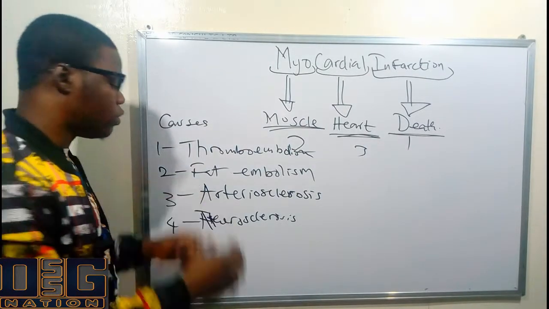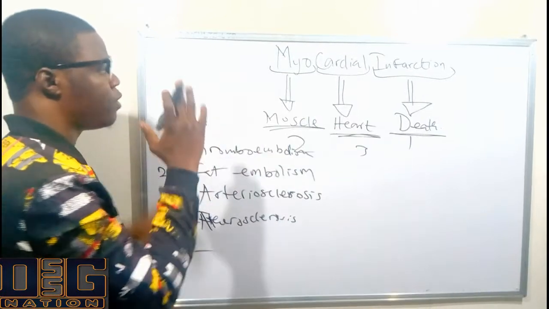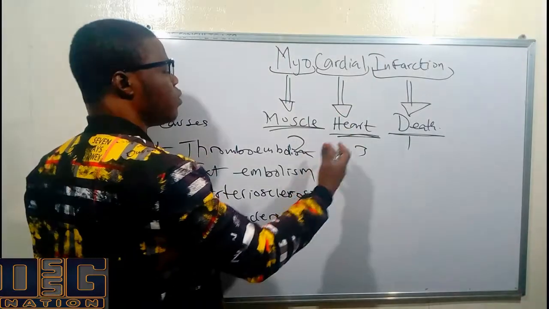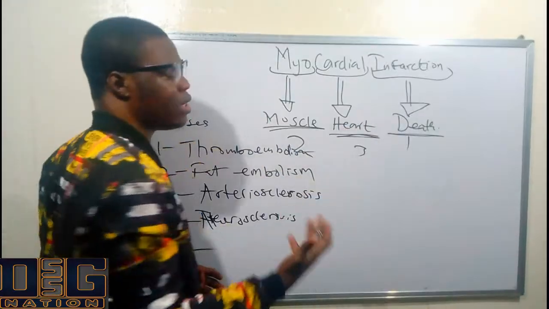Those are the causes of myocardial infarction. So what happens in myocardial infarction? We said it deals with the death of the muscle layers of the heart.